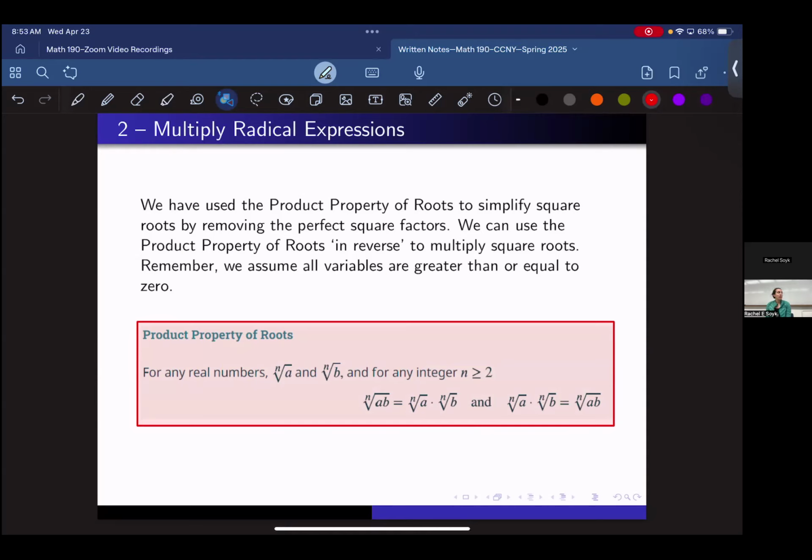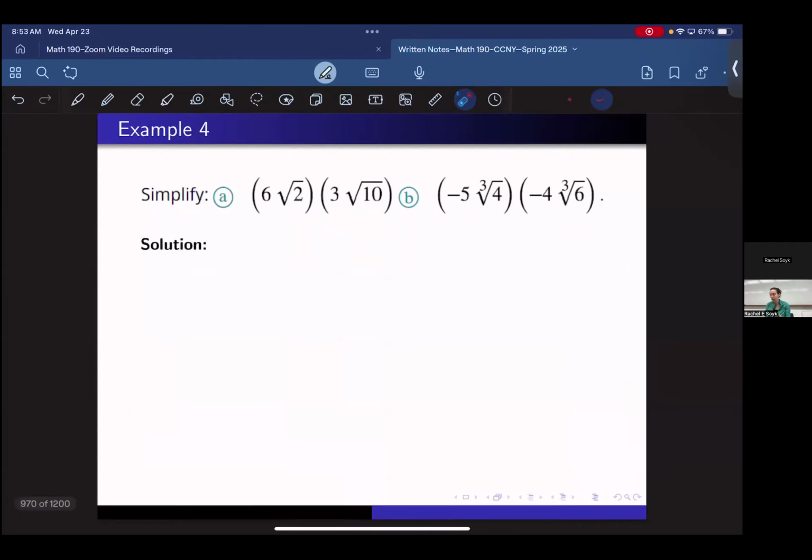And then also now looking at it from the perspective of combining like radicals. So as stated in this paragraph, we've already used our product property to simplify, but we can also use it in reverse to multiply. So we're now looking at the reverse engineering aspect of multiplying roots that have expressions, aka multiplying radical expressions.